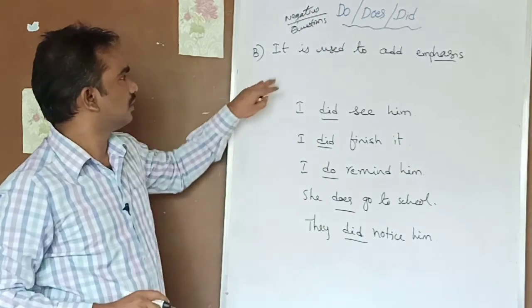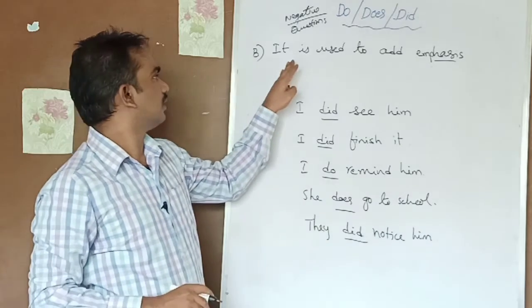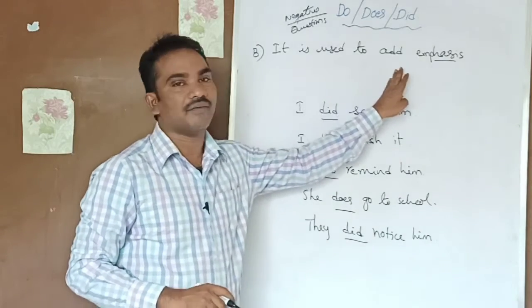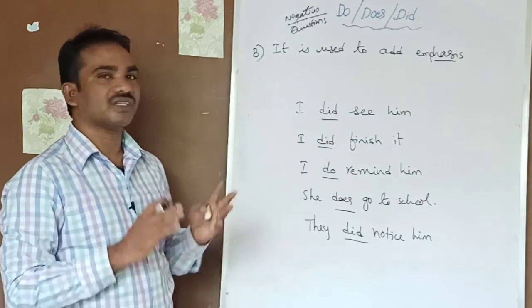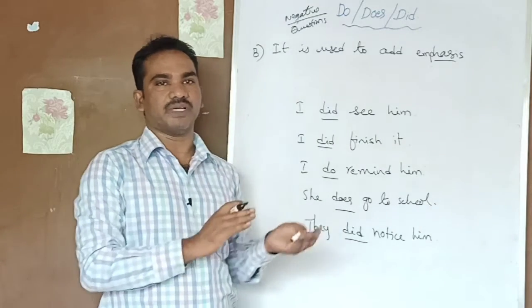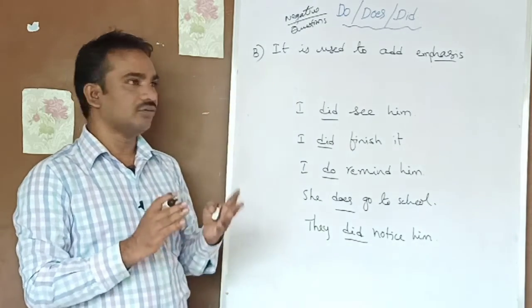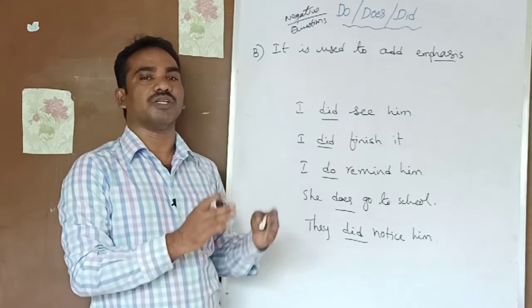So here we are going to look at another way, that is it is used to add emphasis. So emphasis is you stress on that particular aspect. Okay, so you again tell them strongly what you did.